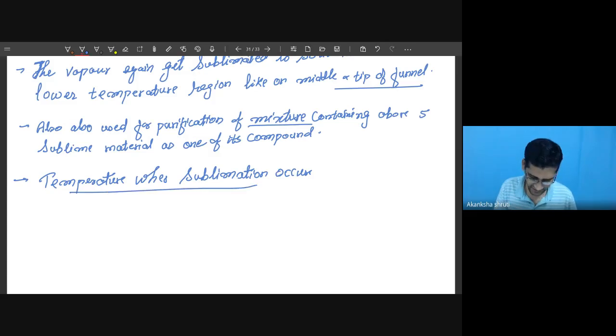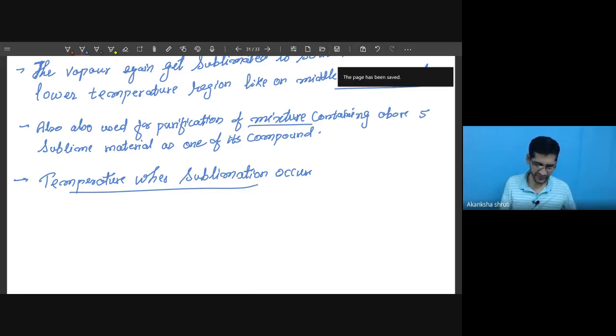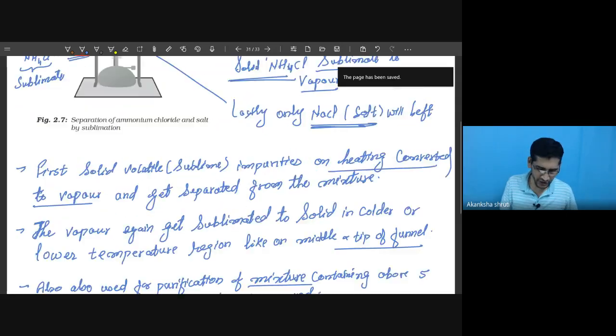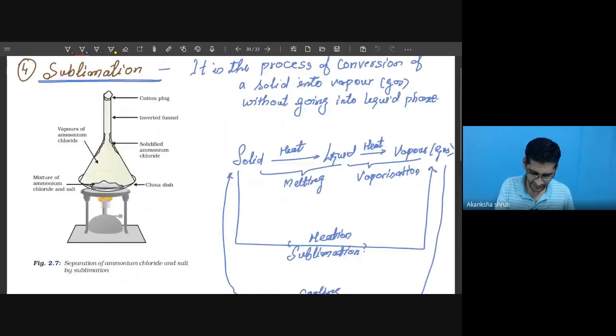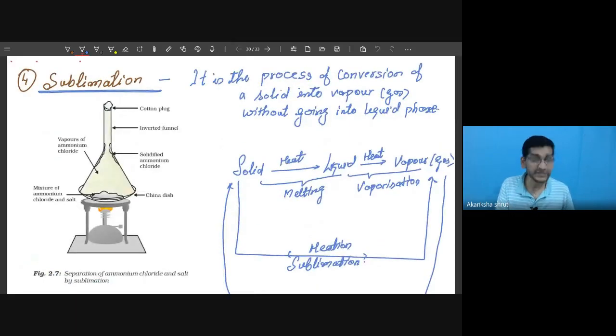So only when this sublimation temperature is reached, then it continues to heat for some time. Any more doubt, then please tell me, otherwise I will go for the next step. So this is about the sublimation.